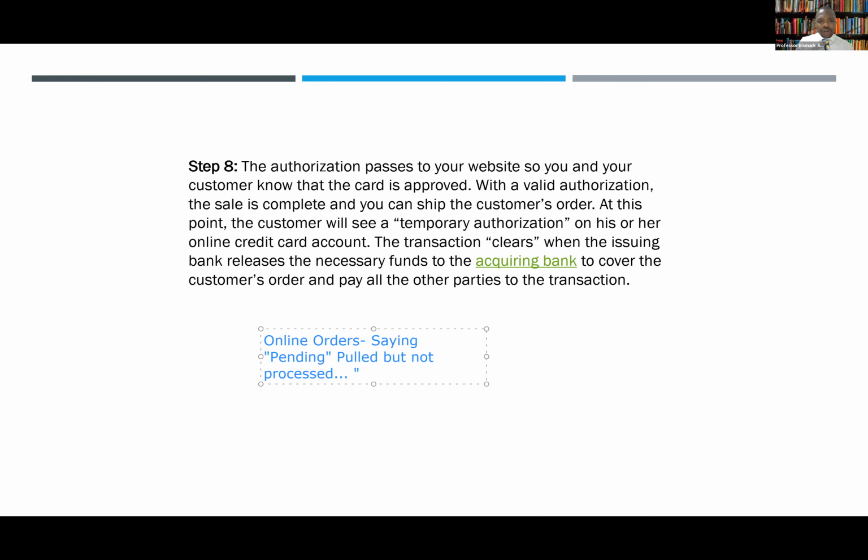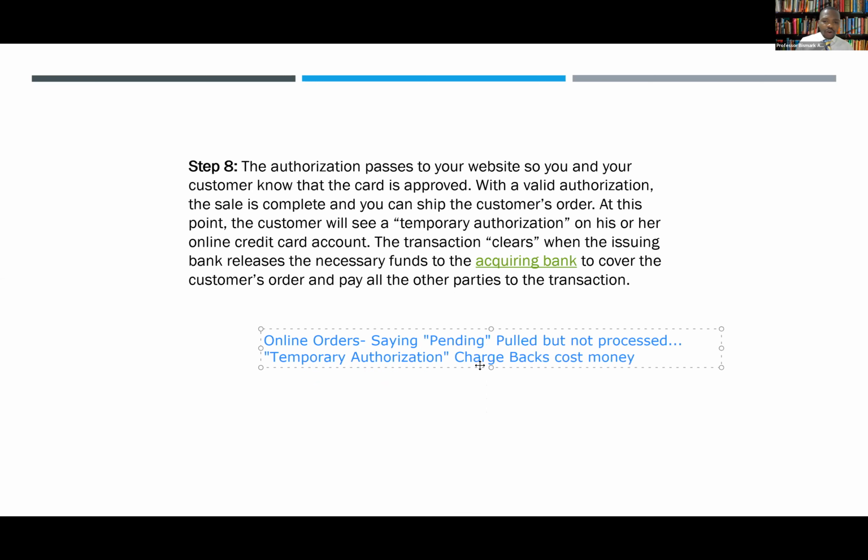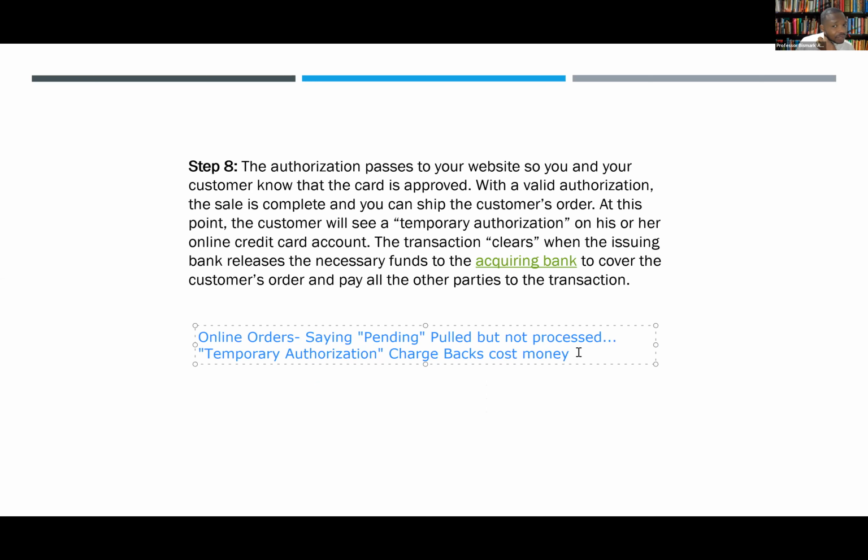It goes to what we call temporary authorization, because chargebacks cost money. So companies are very, very slow to do chargebacks or refunds because they can put transactions as temporary.